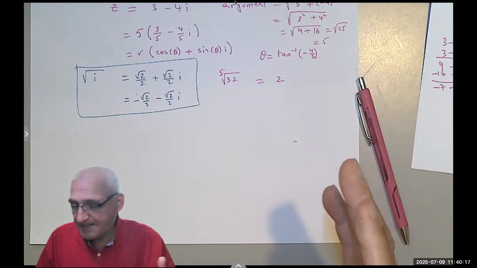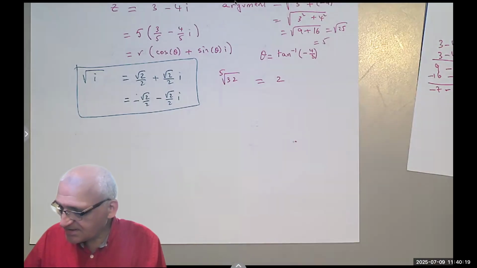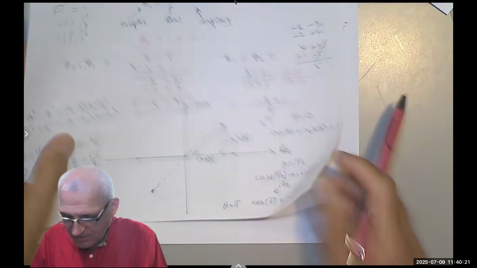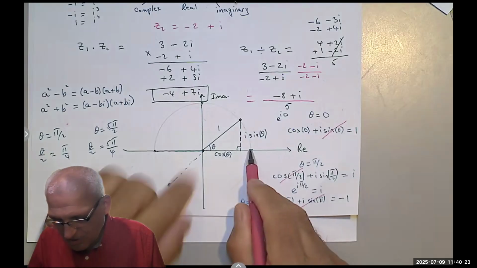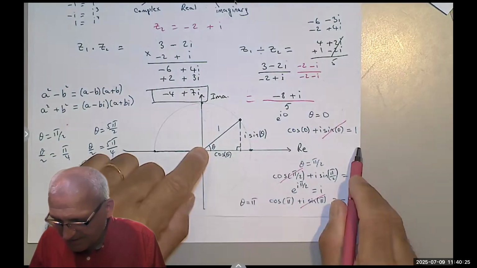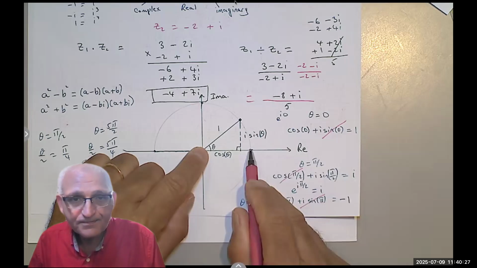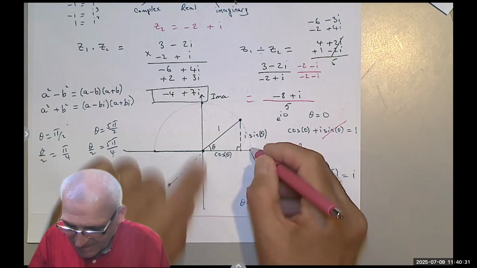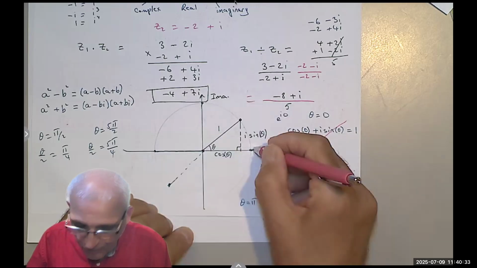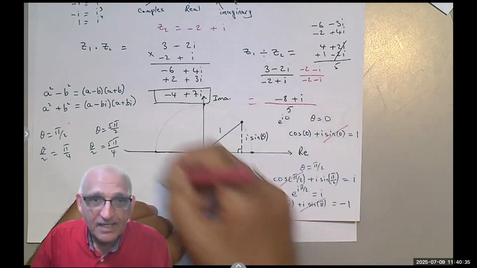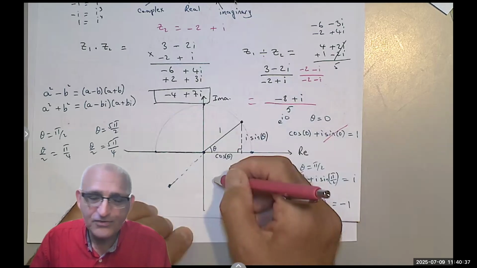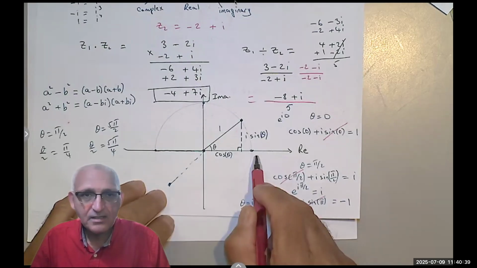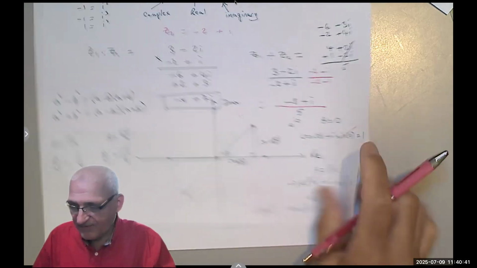Same logic. Notice that 2 is on the real axis. So if it's 32, I take the fifth root, I get 2. But I can say that the angle, instead of being 0, is 2 pi or 4 pi or 6 pi or 8 pi. If you do 10 pi, you will get 2 again. You always have to have only 5.